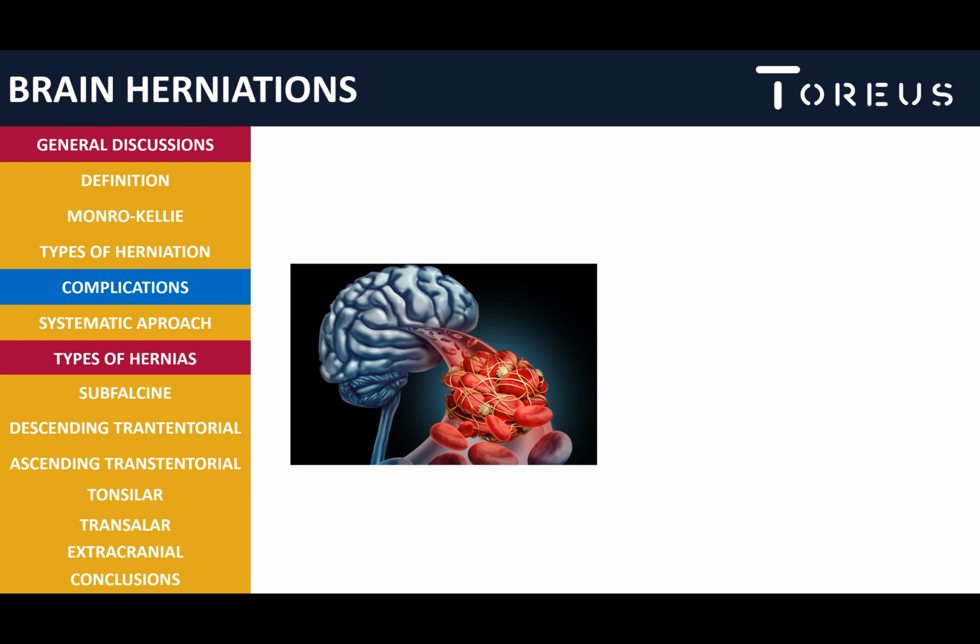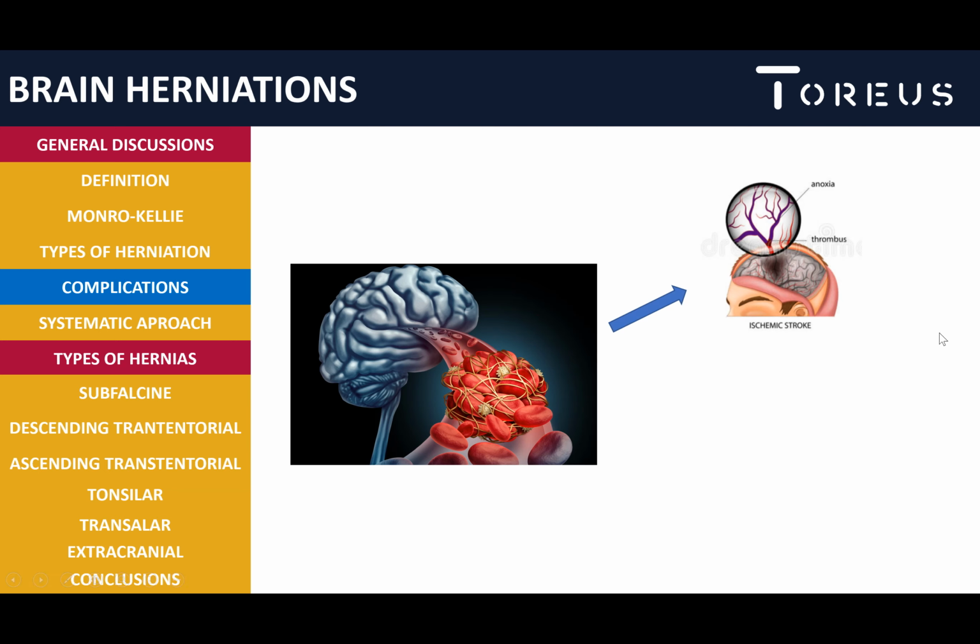So we can have some complications here. If we have something increasing in the brain and we have a brain herniation, maybe we can have a compression of the blood vessels, and this compression can lead to the blood not reaching the tissues, and so we'll have anoxia, ischemia, and necrosis.